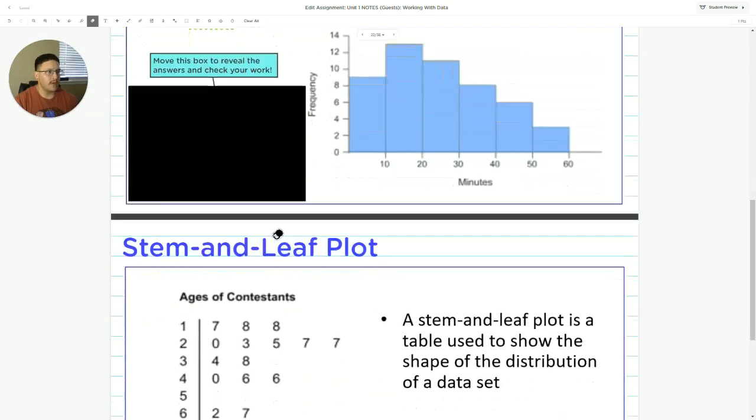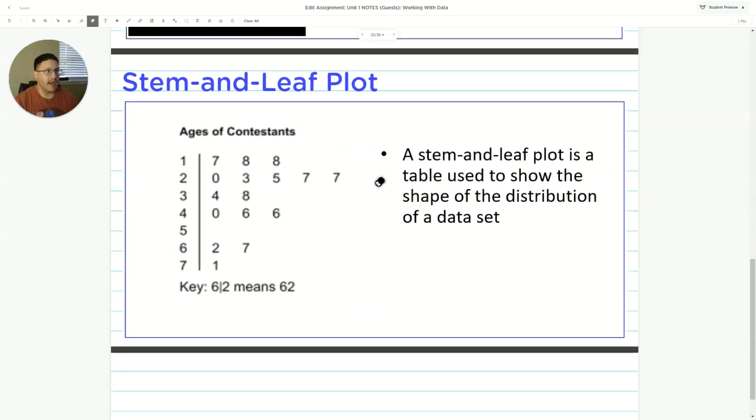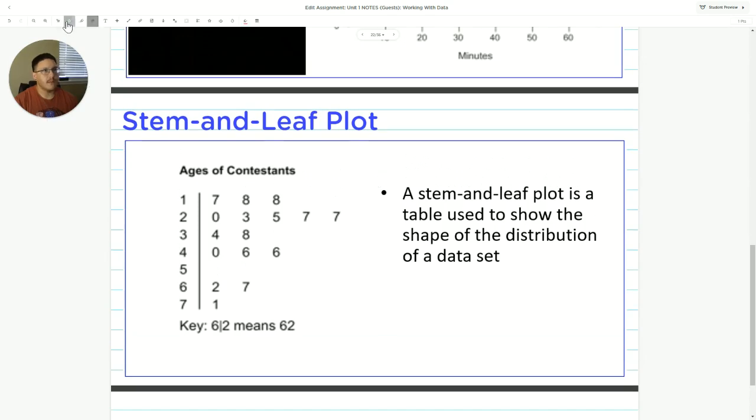Okay, let's move on to stem and leaf plots. A stem and leaf plot is a table used to show the shape of the distribution of a data set. Again, all these different ways of showing the exact same data is just to get a different view that may reveal something about the data that you wouldn't otherwise see if it were in a table, in a graph, in a pie chart, in a line plot, etc. It'll show you trends.